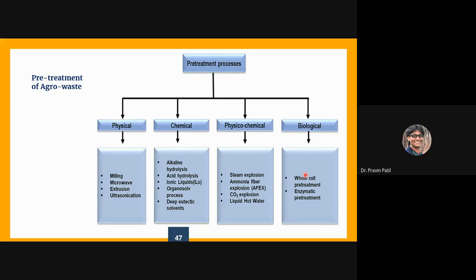So what is the basic difference between wholesale pretreatment and enzymatic pretreatment? In wholesale biocatalysis, we put the substrate, let's assume it's rice husk, in water where we have provided trace element nutrients.